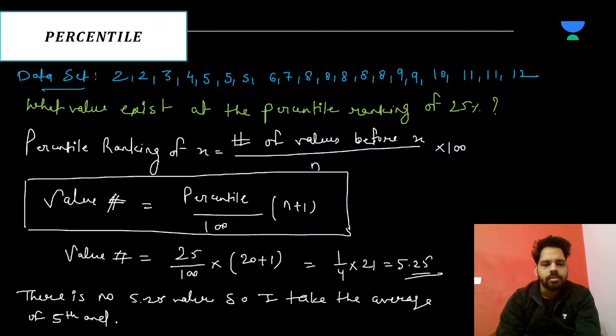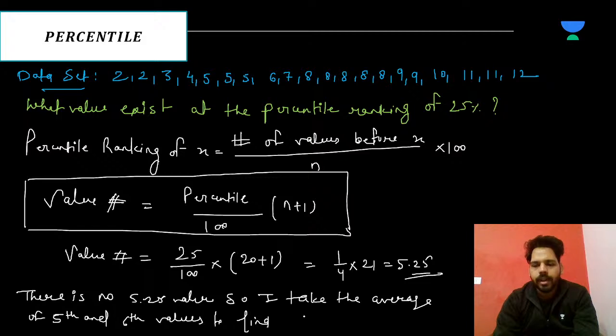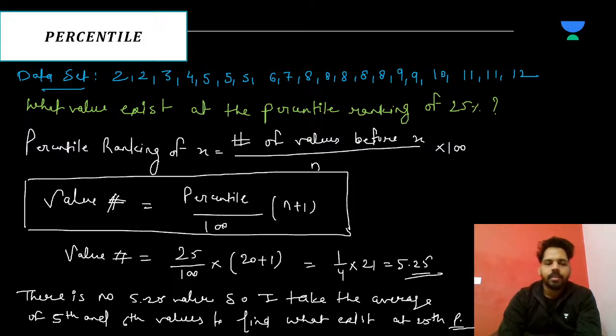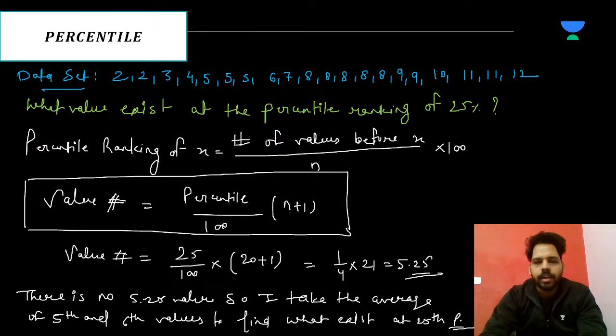So I'm taking the average of the fifth and sixth values to find what exists at the 25th percentile. Right or not? So if the value is not given, you will just take the average of the fifth and sixth value to take the percentile. Understand? So like this, we can find out the problems related to percentile.